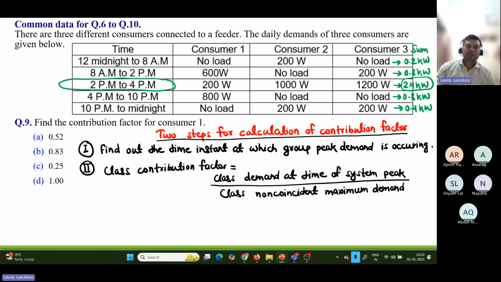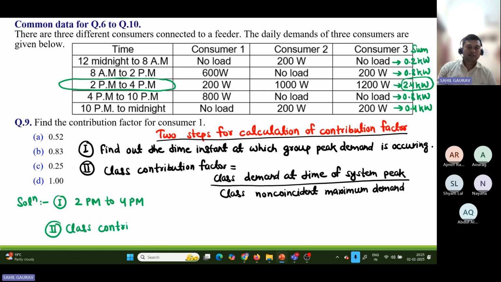Now you apply the expression, you get the answer. So solution you can write for the first part. It is 2 p.m. to 4 p.m. Now you can find the class contribution factor, and it is asking for consumer one.